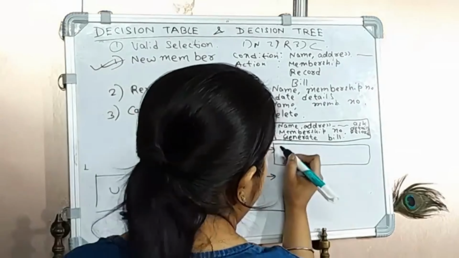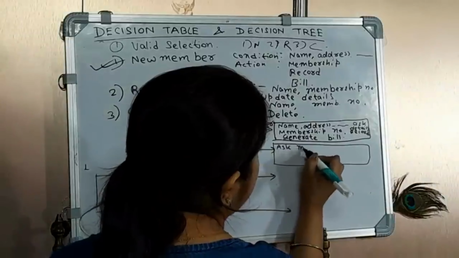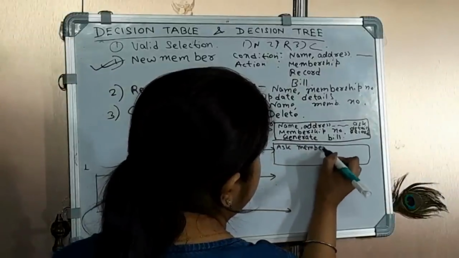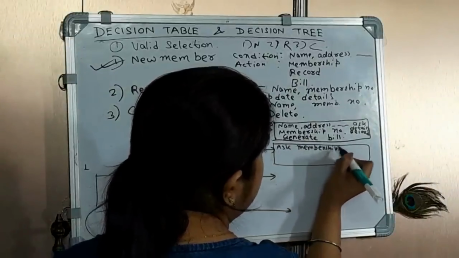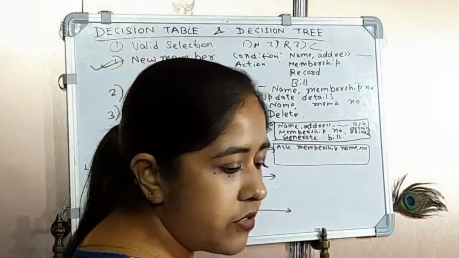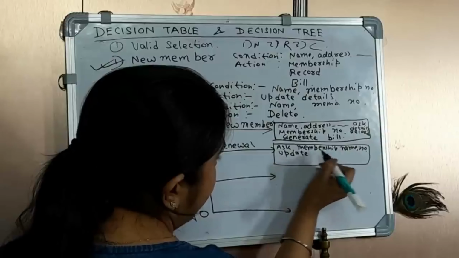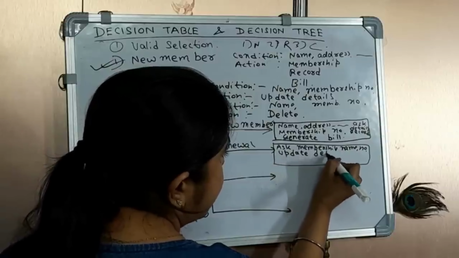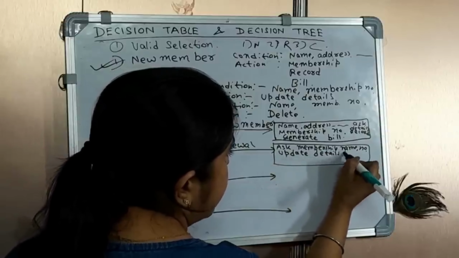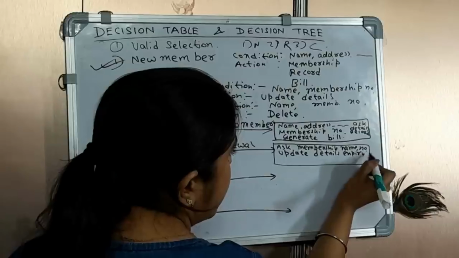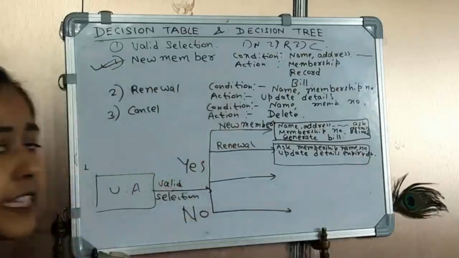They will ask me my name and my membership number. These two things. Then when I give them these two things, they will update my data or my details there. They will update the expiry date.